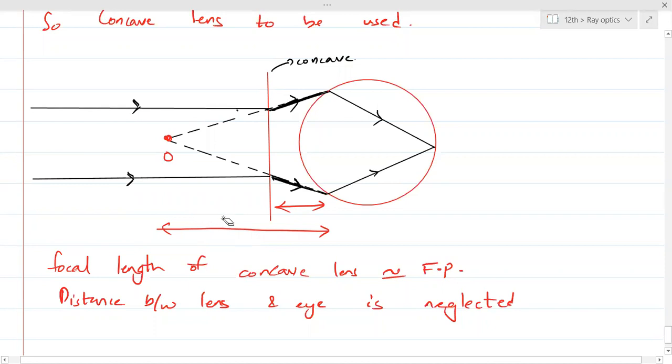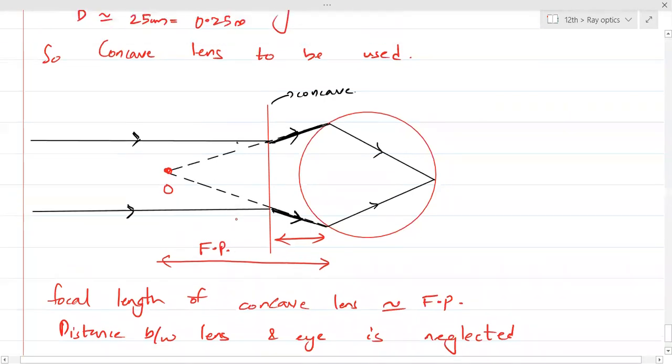If you understand once, कोई भी problem आए तो you will be able to do it. Once you properly understand what's happening, that's it. Clear? Everyone, is this clear? We make use of a concave lens such that for an object at infinity, the image due to the concave lens will be formed at the far point. Okay? So the focal length of the concave lens in terms of magnitude will be equal to the far point.